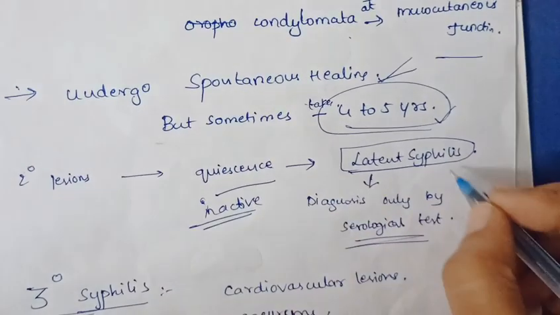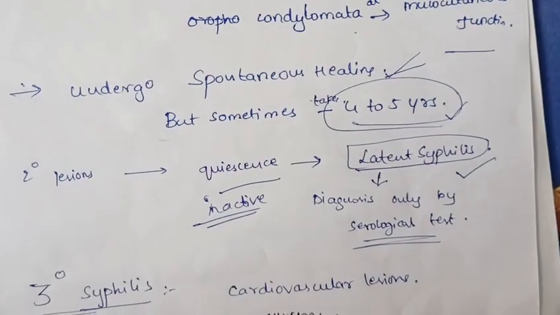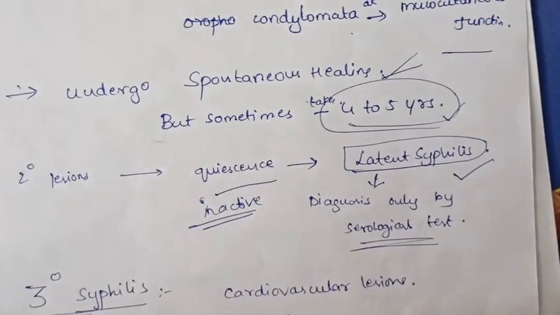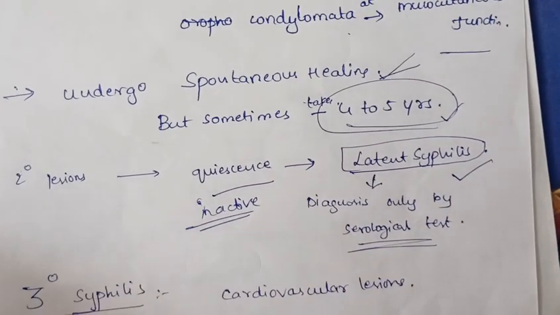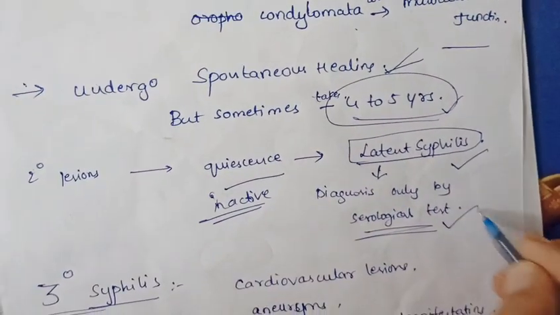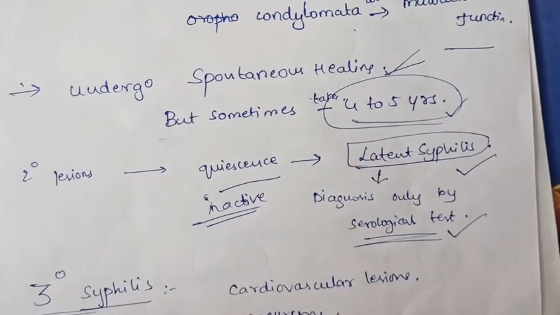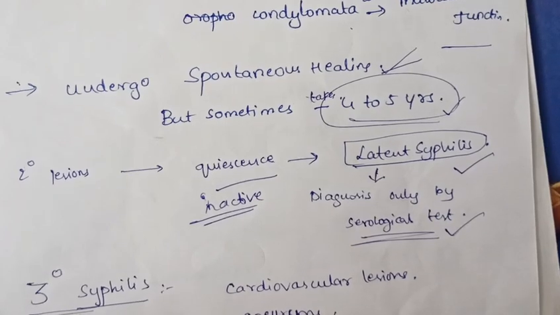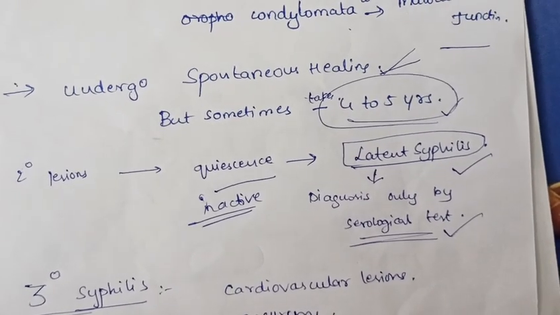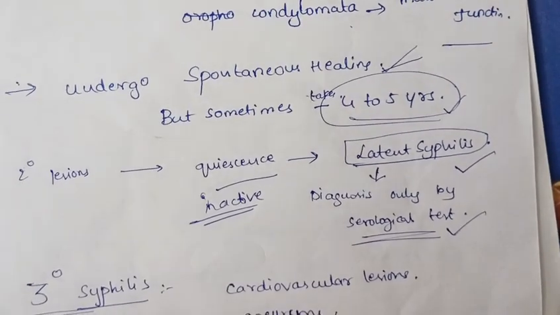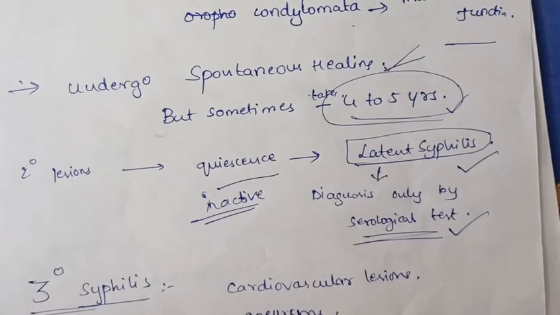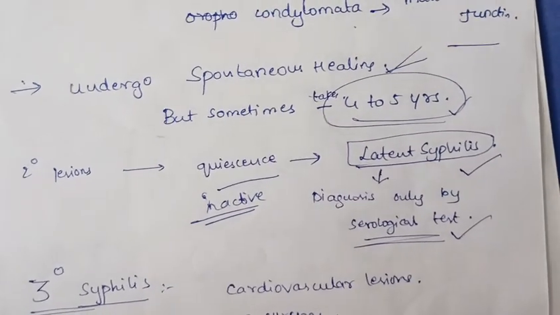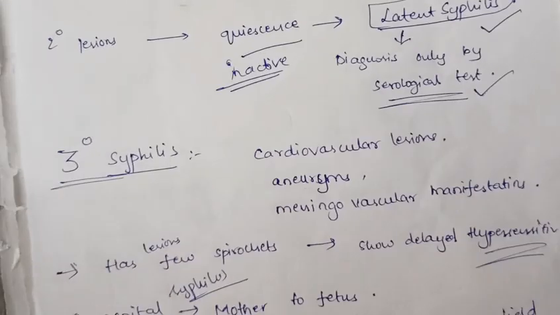In this stage it can only be diagnosed by serological tests, as we have discussed, like the cardiolipin test, VDRL test, silver impregnation test, etc. These are the serological tests used for the diagnosis of syphilis.